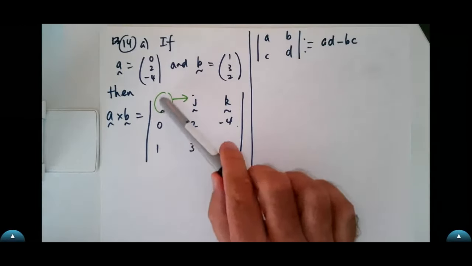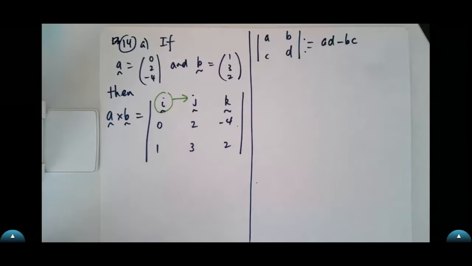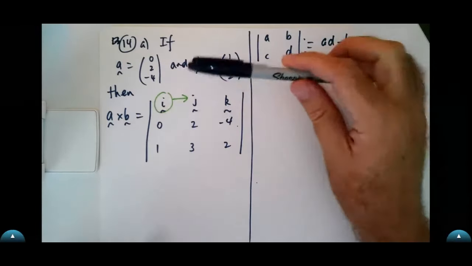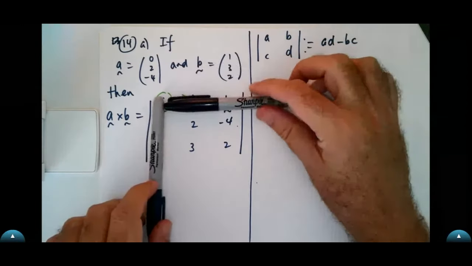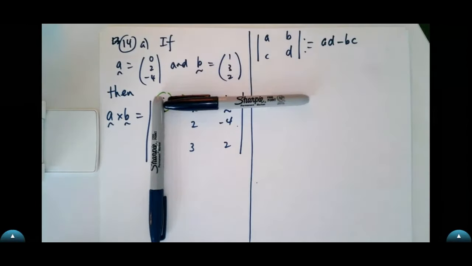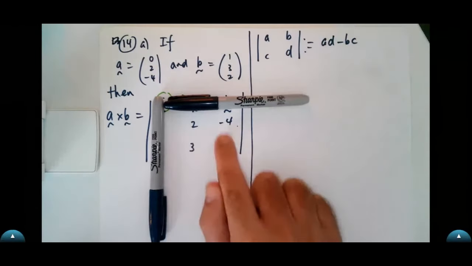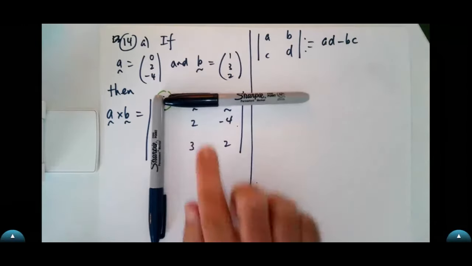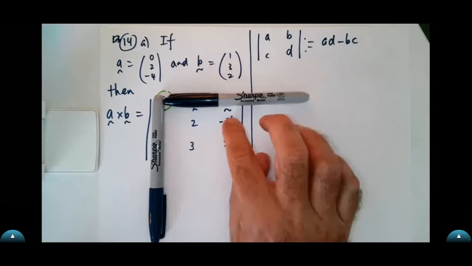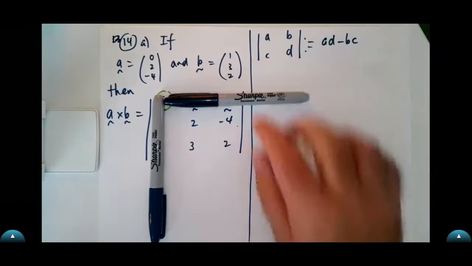You start with the top left-hand corner, and you realize that i is in the first column and the first row. So you cover them up, and then you multiply i by the determinant of what's left, what you can see. So 2 times 2 minus -4 times 3.